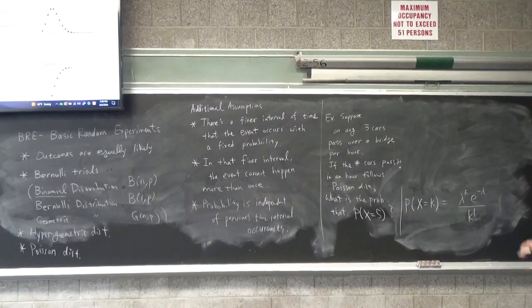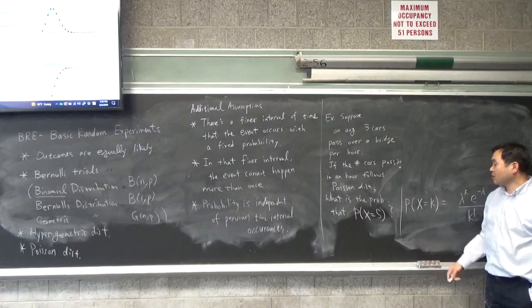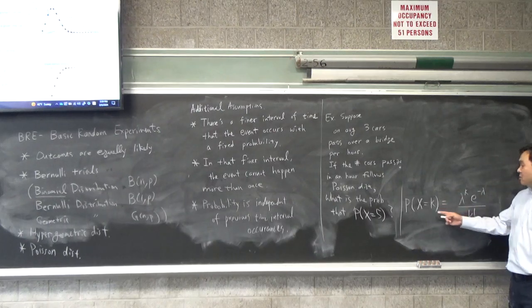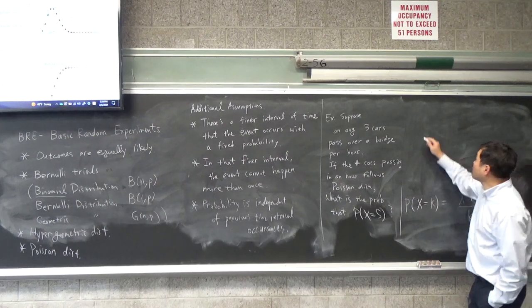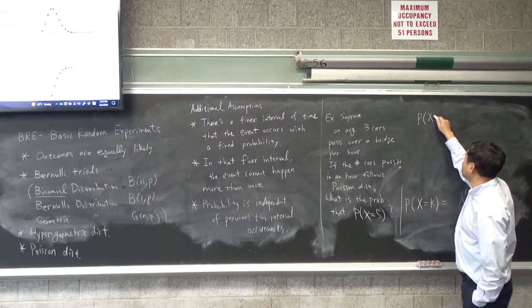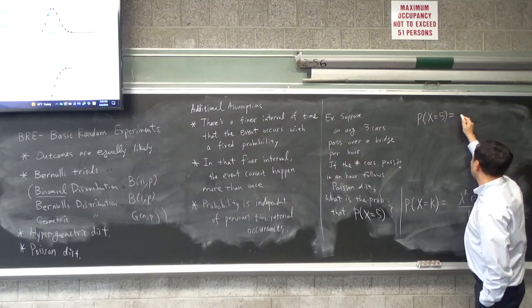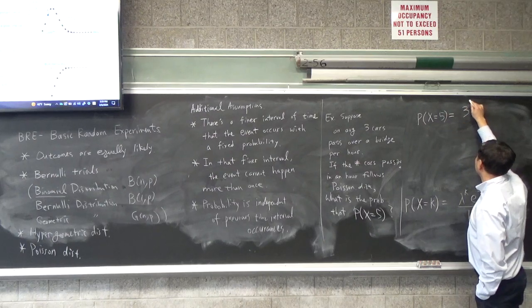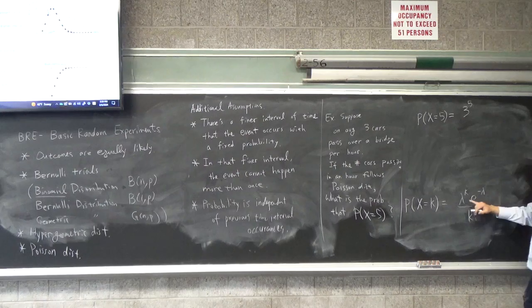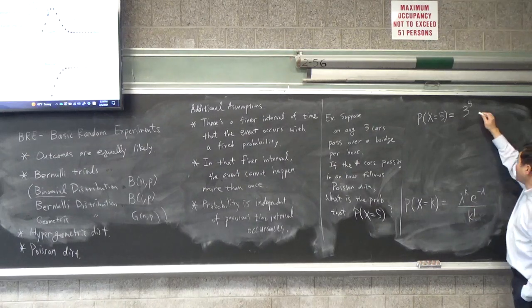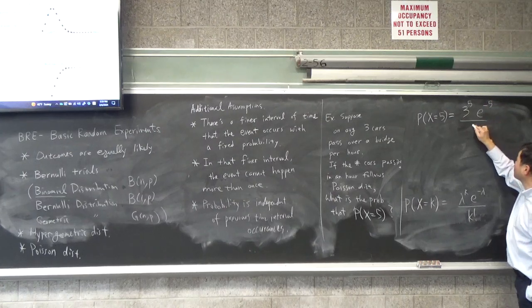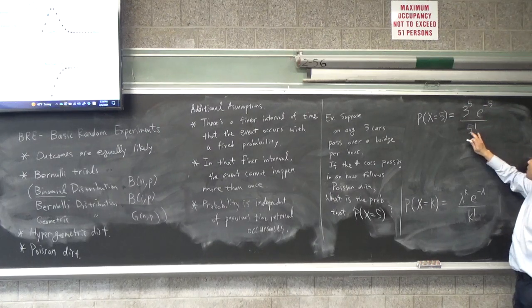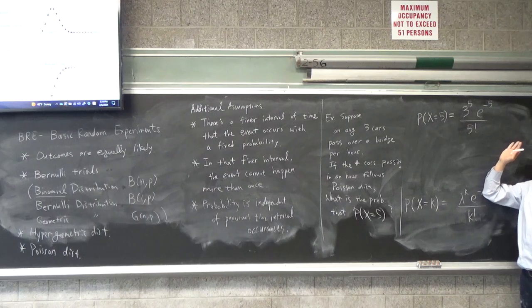Then, using the Poisson distribution, this is the case where lambda is 3. So the probability that X is equal to 5, where lambda is 3, so k is 5. I just use this formula with k being 5: 3 to the 5th times e to the negative 3, over 5 factorial. 5 factorial is 120, right?